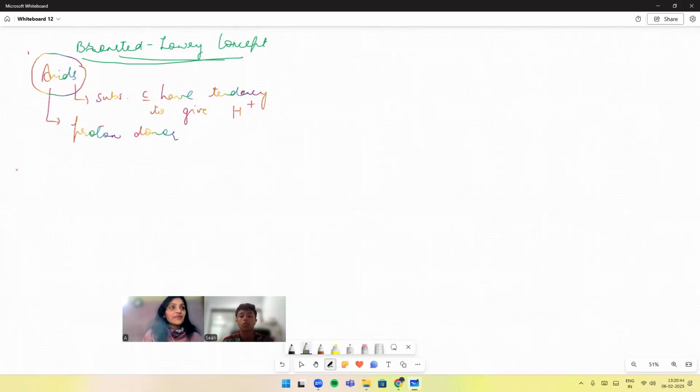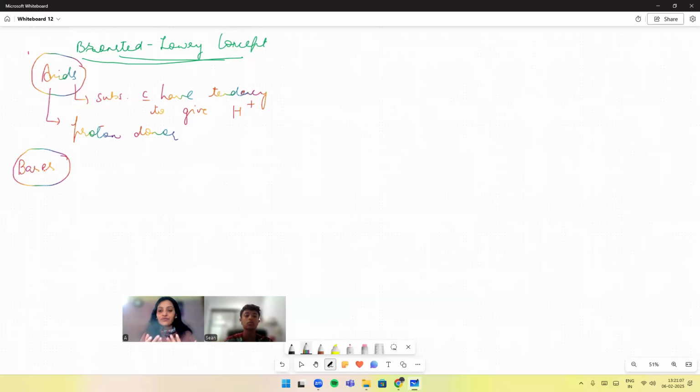And according to them, what are bases? In the Arrhenius concept, he told us that bases are the substances having hydroxide group and giving hydroxyl ion when dissolved in water. But they're saying that bases are the substances which are going to accept the proton.